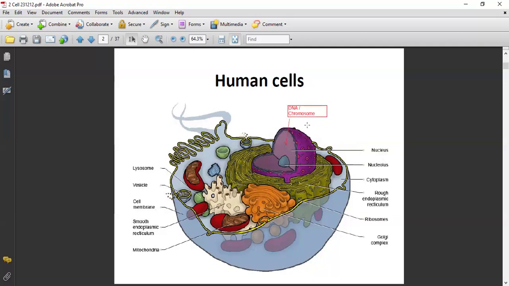And then DNA, the gene. Gene has a gene expression. You have the gene for you to produce different kinds of protein.